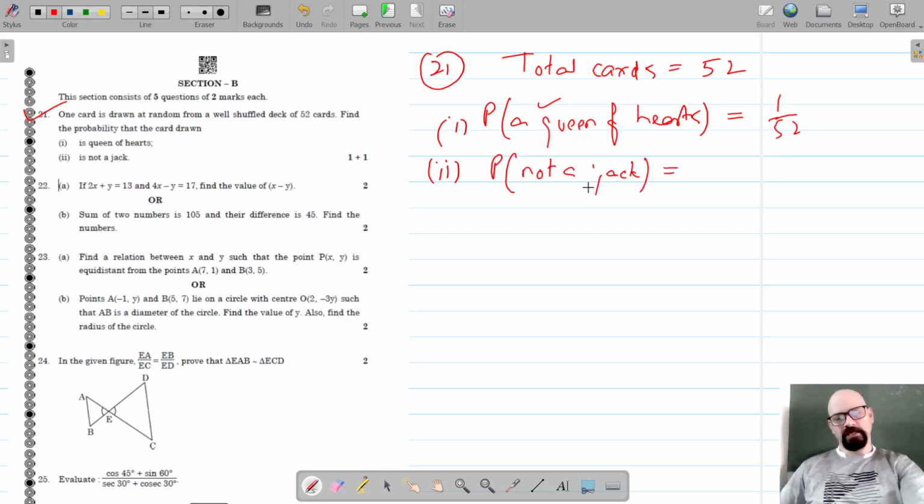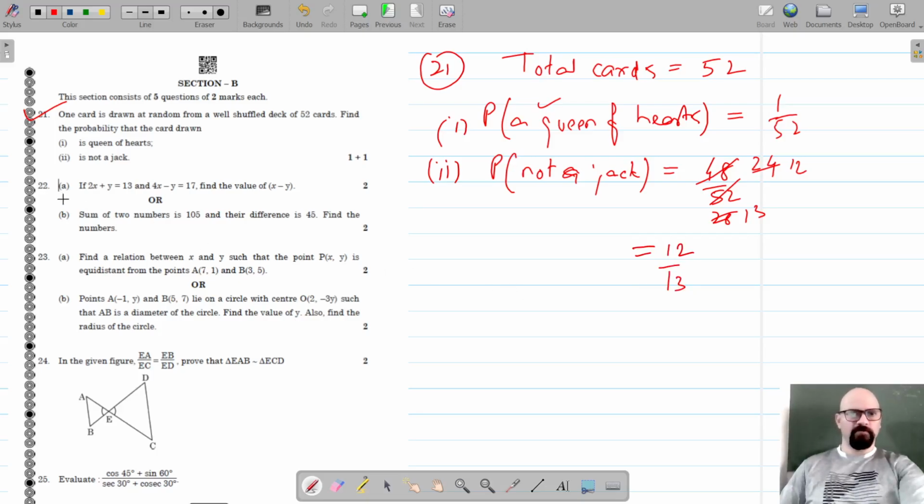Now the total jacks are 4. So 52 minus 4 is 48. The non-jack cards are 48. So this is 48 by 52. And which gives me 12 by 13. So the probability is 12 by 13.